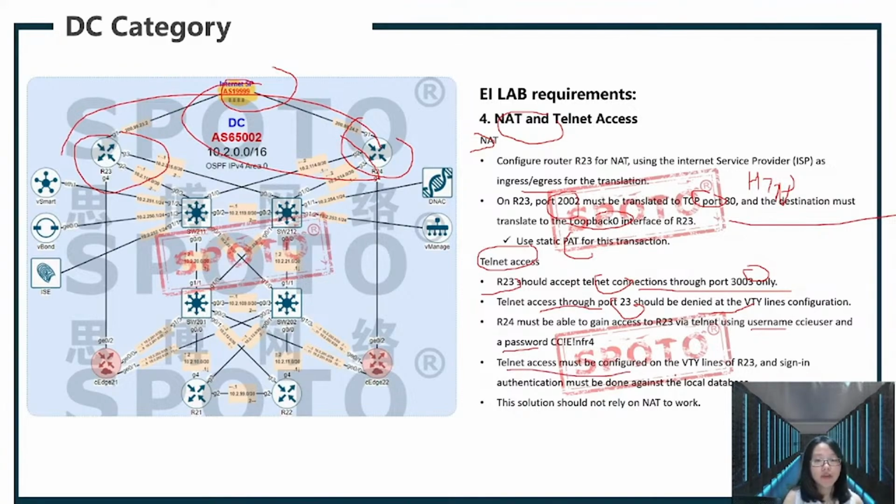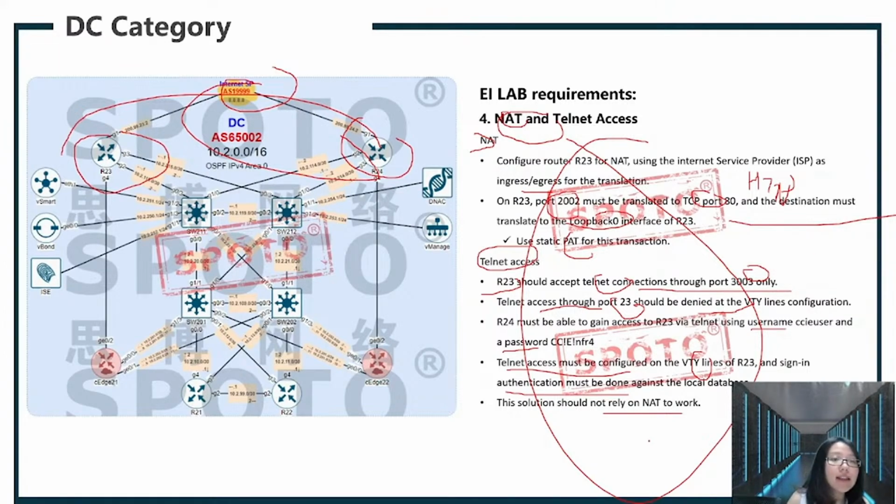Telnet must be configured on the VTY lines of router 23, and the sign-in authentication must be done against the local database. Okay, so don't rely on NAT to work. Okay, so this question is relatively simple. It mainly tests NAT and the telnet protocol.